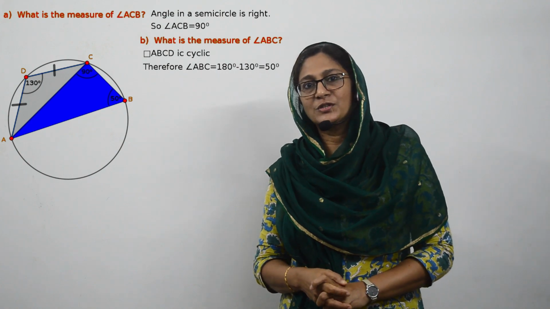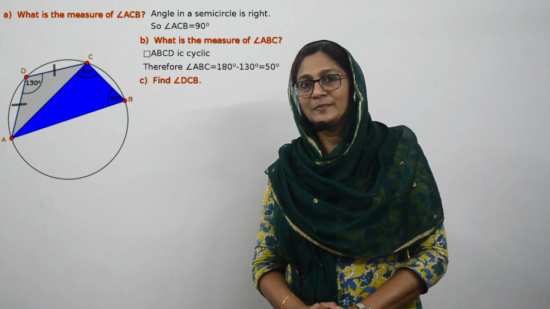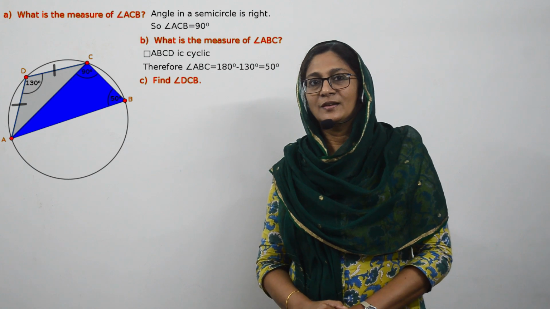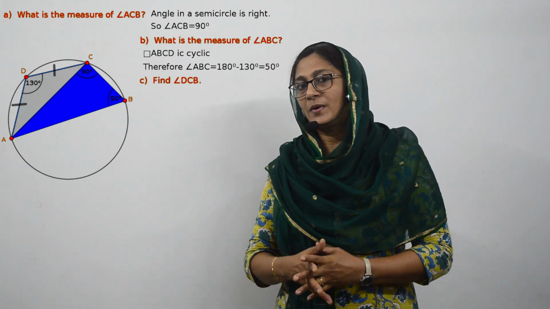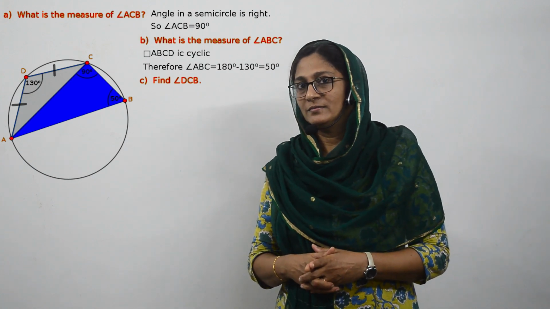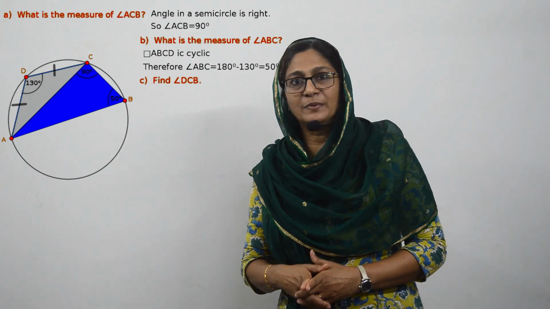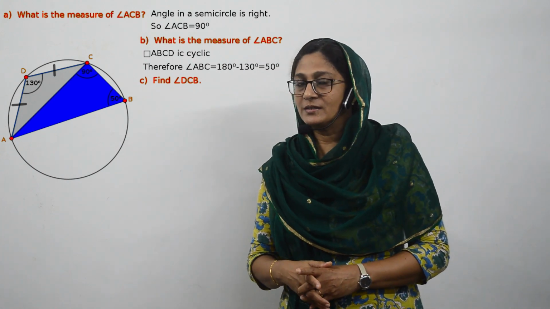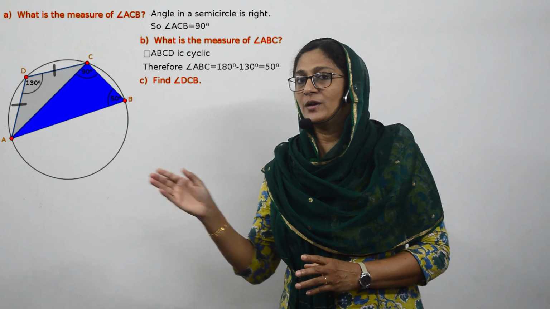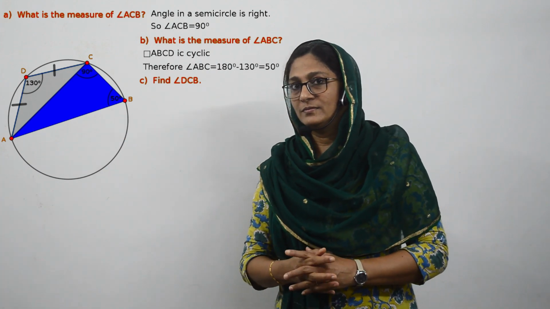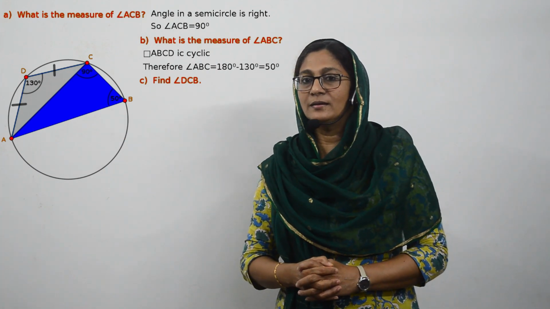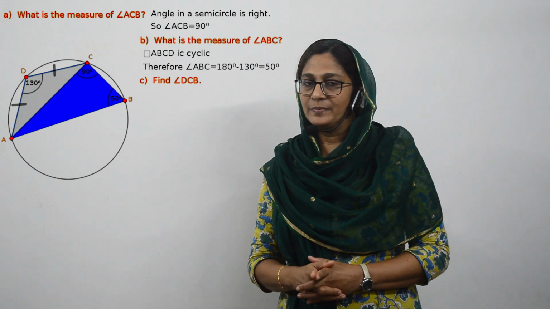Let us find the measure of angle DCB. We already have a part of the angle. We already have angle ACB is 90 degrees. Now we need only to find the other small angle to find the total angle DCB.